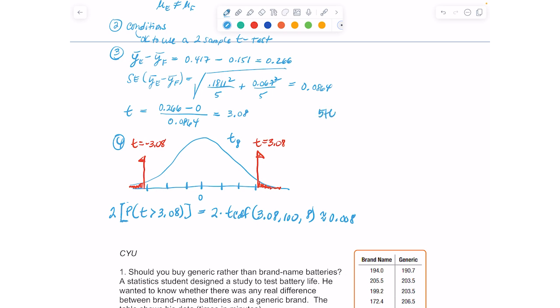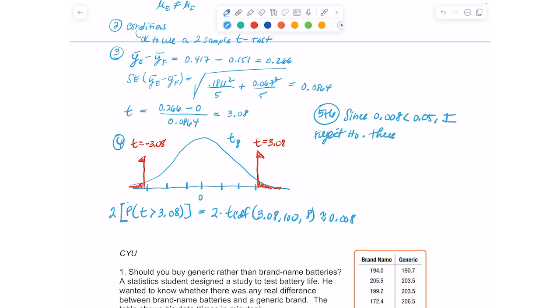So now steps 5 and 6 is our decision and then our interpretation. So since 0.008 is less than our alpha level, we're going to, of course, reject the null.